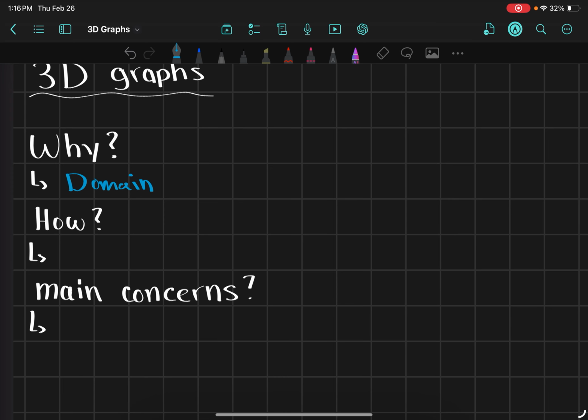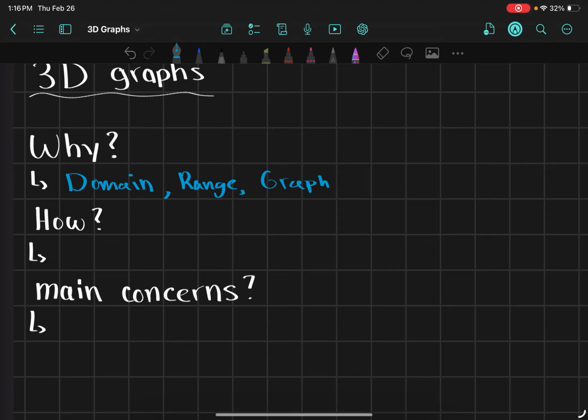And going along with domain, we also want to understand what our range is, although that is not something that you will be asked about very frequently within this class. Certainly not something I think you'll be tested on, but it's just good to know what your range is given that domain. And we also just want to be able to graph our XYZ function.